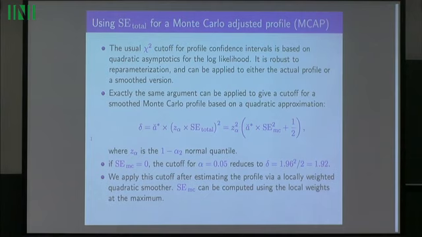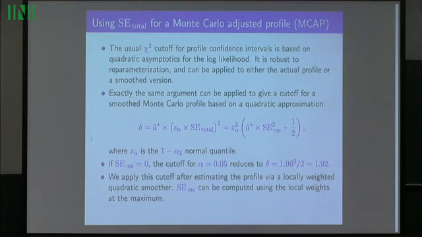Anyway, we can go ahead and produce this cutoff, and our Taylor series expansion, the previous slide, gives us this formula for a profile cutoff when we have the non-trivial Monte Carlo error.